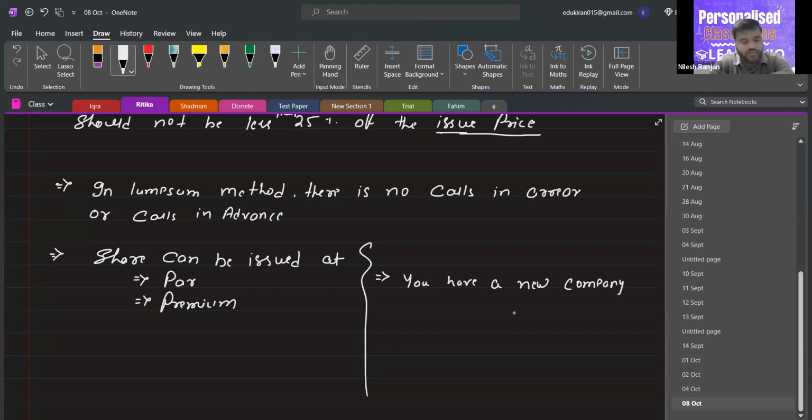So the first thing that comes to your mind is to sell your shares to the public, because we need at least 90% subscription, minimum subscription. So the first thing that will come to your mind, if you want to sell 90% of your share, then what will you do?